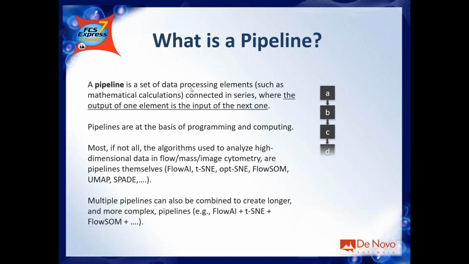Pipelines are really widespread. They are something that developers, statisticians, and mathematicians have been using every day since ages. And you will see why we decided to implement this way of analyzing data in FCS Express.